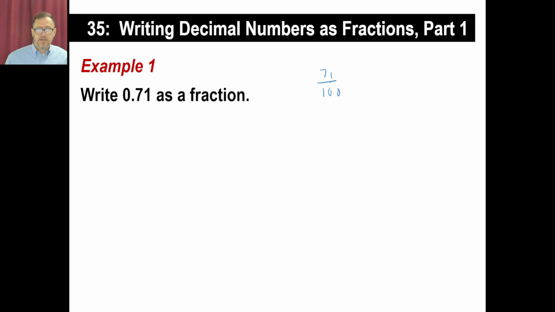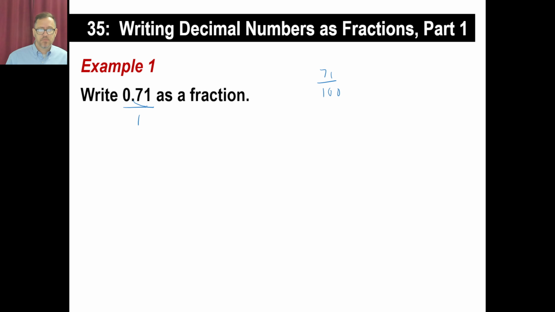By the way, if you ever get stuck on these and you freeze up, well, every number on Earth and other planets as well is a fraction if you stick it over the number 1. Everything you can always stick over 1 if there's nothing down in the denominator. So you can go, I forgot how to do this, I'm just going to stick it over 1. Make this into an integer.